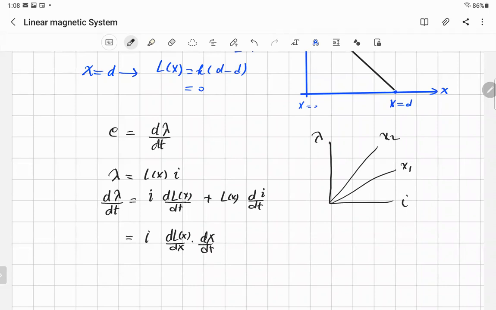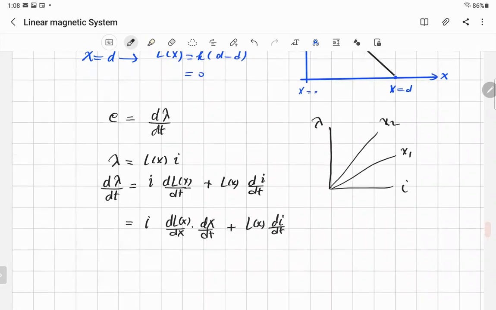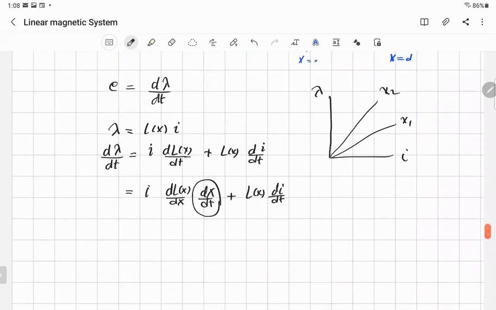It's like L of x equal to 10x squared: first you find the differentiation of L with respect to x and then x with respect to t, and that's already a function of time, no problem. What's dx by dt? X is the air gap, and dx by dt is the rate of change of the displacement. It's the velocity, how fast it's moving.